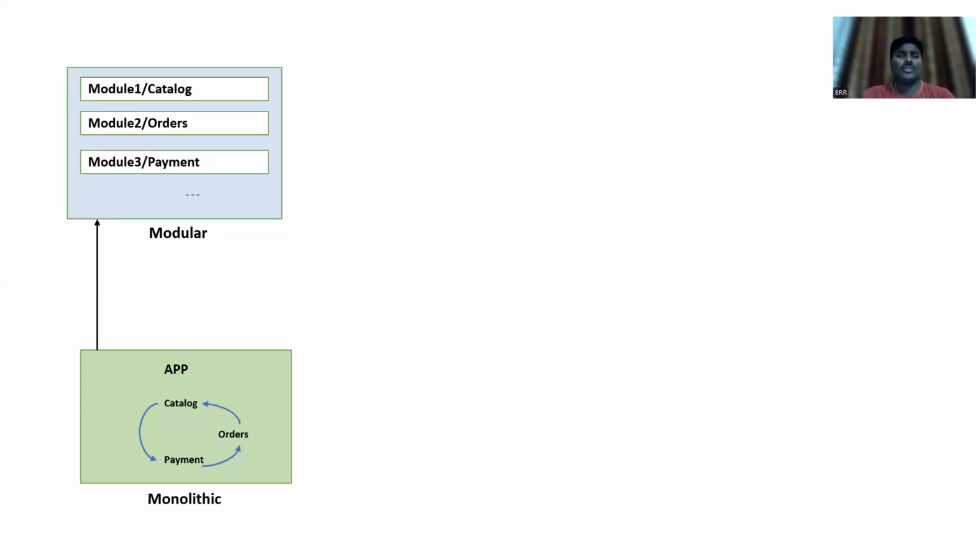The only difference between the monolithic and modular architecture is that you have separated the code into modules, but you still have interdependency among them. If you make a change in the orders, you definitely need to verify the catalog and payment modules, because these three have internal interdependency and a huge relation between them.